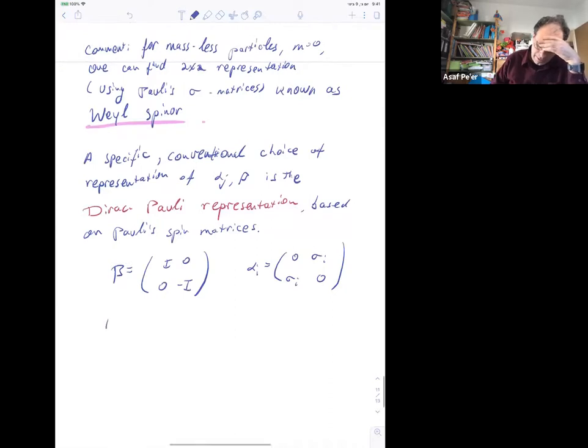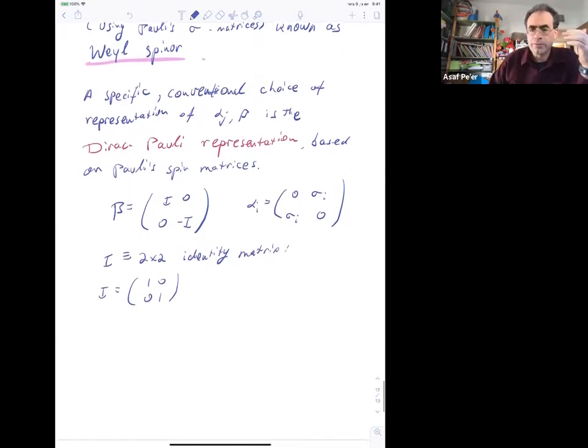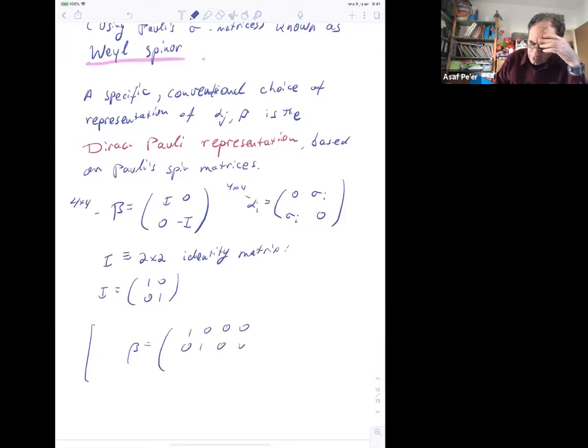And I is a 2x2 identity matrix. I is just 1, 0, 0, 1. So don't get confused by this compact notation. It's a 4x4 matrix. So really, beta is 1, 0, 0, 0; 0, 1, 0, 0; 0, 0, minus 1, 0; 0, 0, 0, minus 1. The same for the alphas.